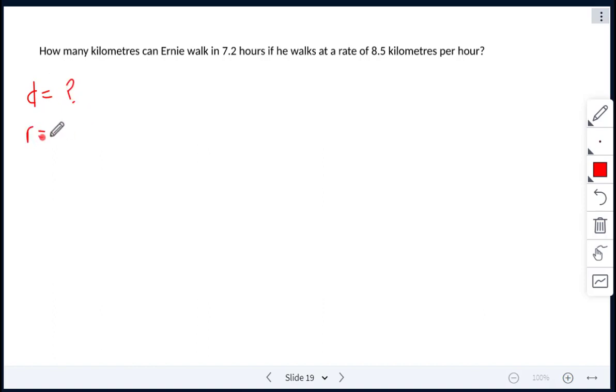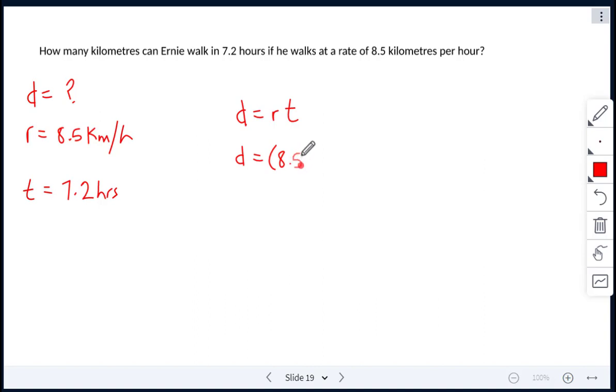Our rate is 8.5 kilometers per hour, and our time is 7.2 hours. Okay, so we're just using our formula method, so D equals RT. So D is equal to R, which is 8.5, times T, which is 7.2.